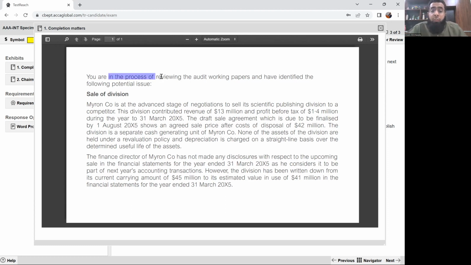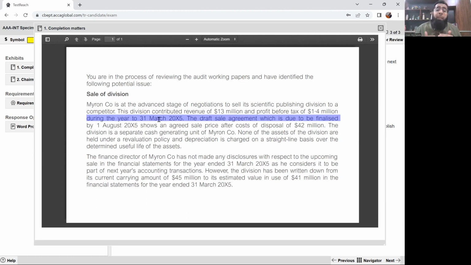You are in the process of reviewing the audit working papers and have identified the following potential issue. Sale of division. Myron Company is at an advanced stage of negotiations to sell its scientific publishing division to a competitor. This division contributed revenue of $13 million and profit before tax of $1.4 million during the year to 31st March 2005.